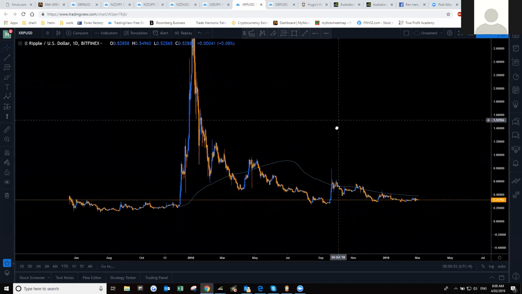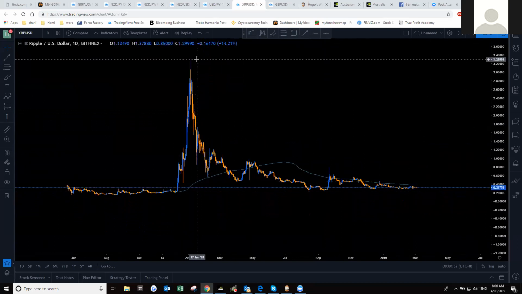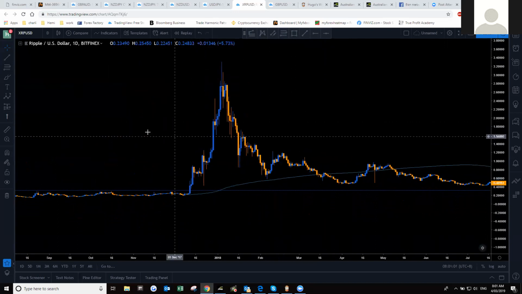Look at the move up. Pay attention to the move up, when the market shot up.